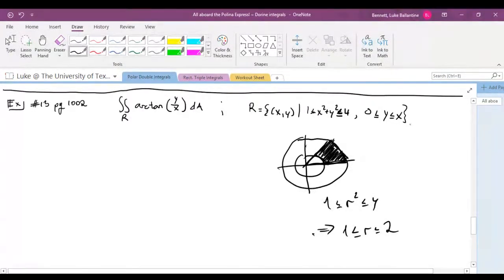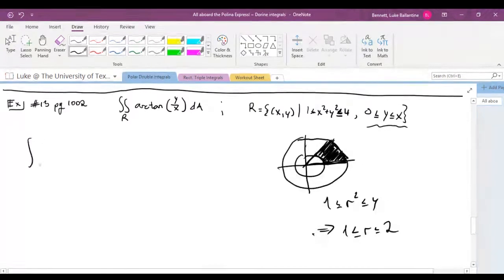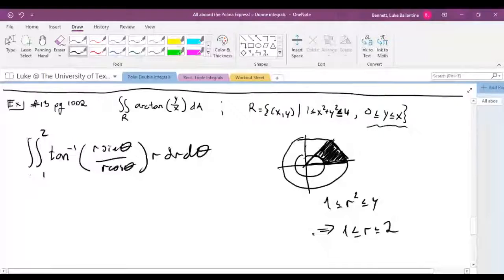And then we already worked on this earlier. It's going to be 0 to pi over 4. It bisects the first quadrant. Okay, so we have the double integral of tangent inverse of r sine theta over r cosine theta, r dr d theta. R ranges from 1 to 2. Theta ranges in between 0 and pi over 4.